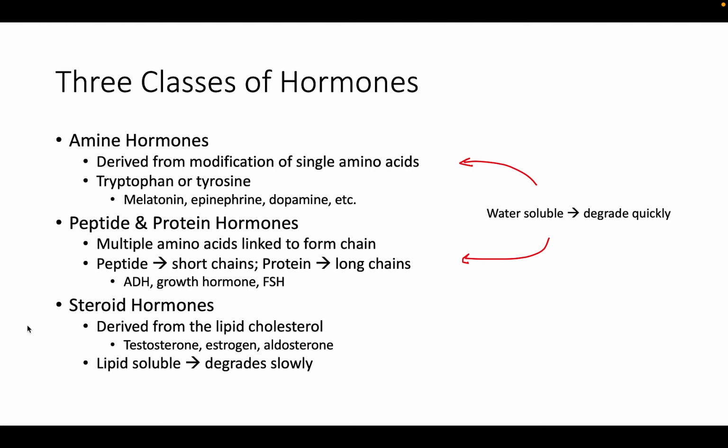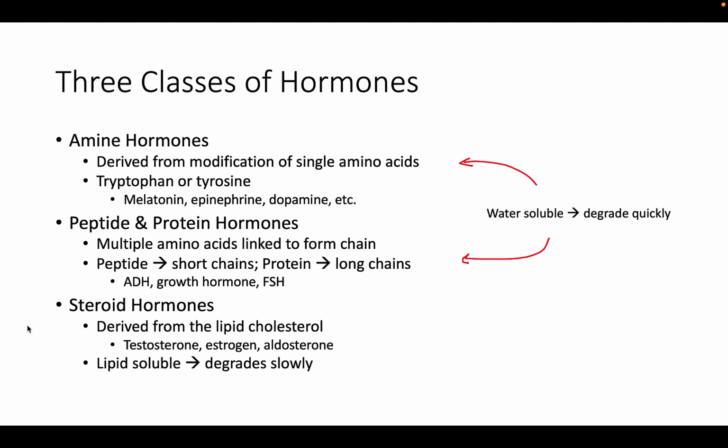Then steroid hormones are going to be derived from cholesterol, which is a lipid. So we have testosterone, aldosterone, estrogen, progesterone. Those are all derived from cholesterol. And a key distinction between amine hormones, peptide and protein hormones from steroid hormones will be that the first two classes are water soluble, so they degrade very quickly in the bloodstream.